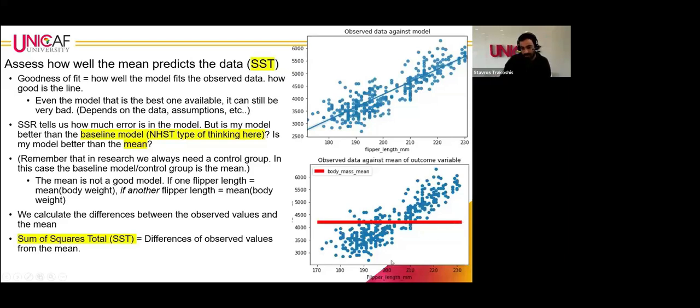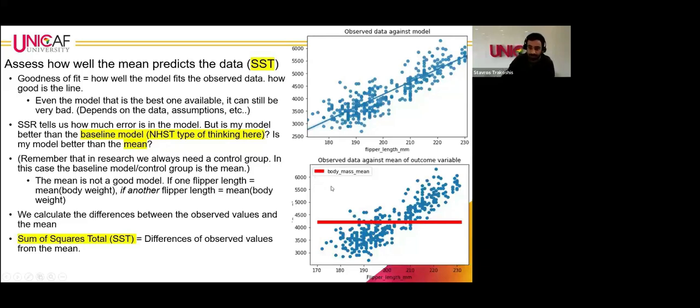And as I move along the x-axis, the mean is not a good model, because if I have one flipper length here, I predict a body mass of the mean. If I have another flipper length here, I predict a body mass of the mean, and the same and the same. So the mean is not a good model, but it's a good baseline model.